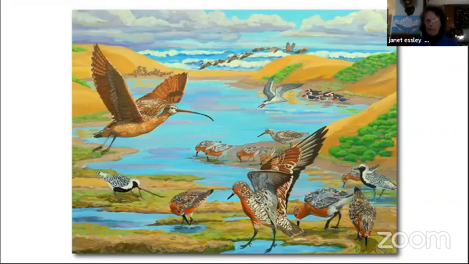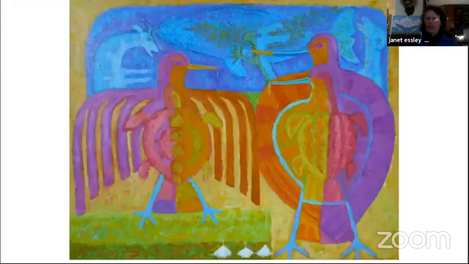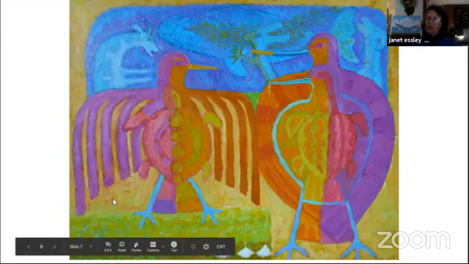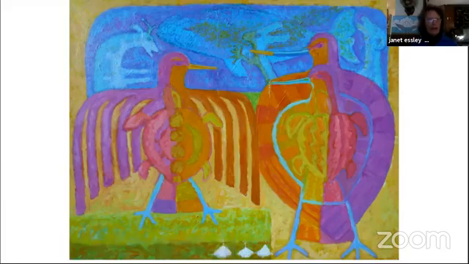Next slide. The red knots that go down the Pacific coast of the United States will likely fly from their migration staging ground on the Yukon Delta straight down the Pacific to the Gulf of Mexico, which is why we don't see a lot of them on the Oregon coast in the fall.